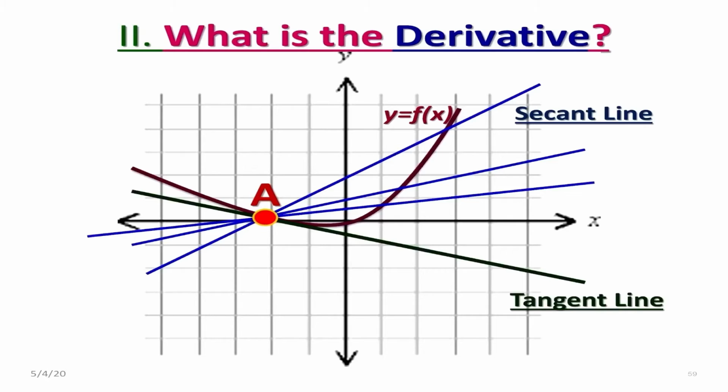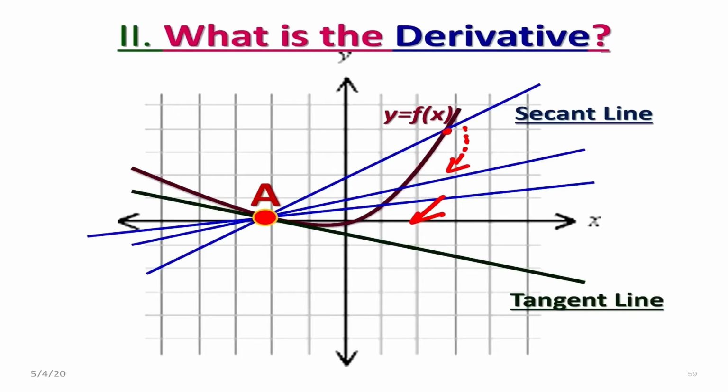Okay, what we did, we found the slope of the second line. But remember, we are looking for the slope of the tangent line. So in order to get this, we can take the limit of this difference quotient when this distance delta x goes to 0.